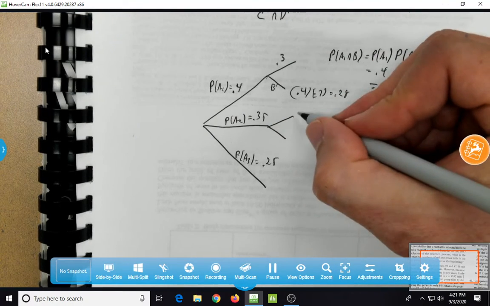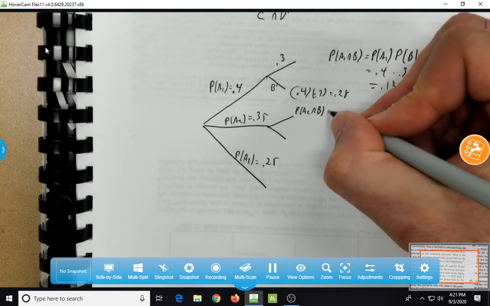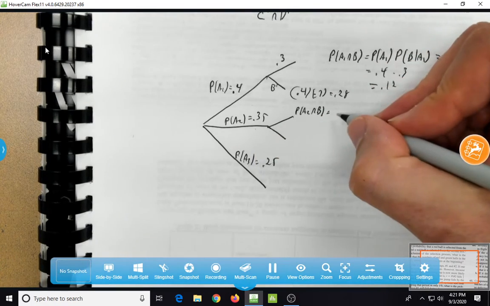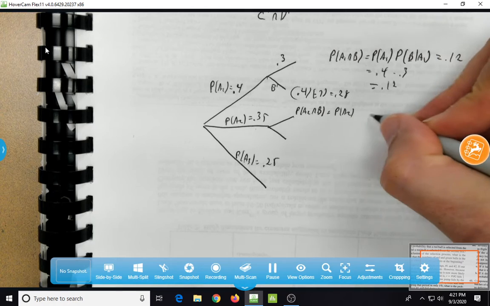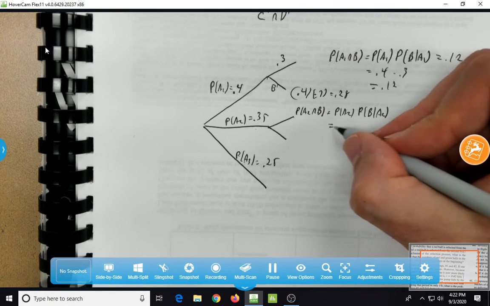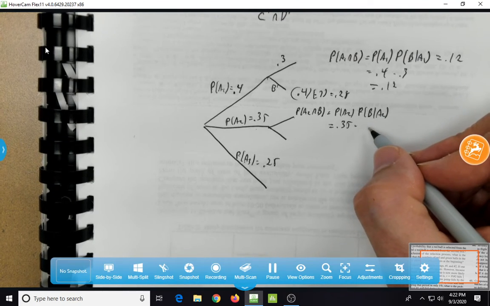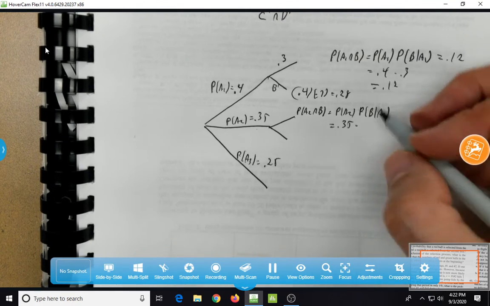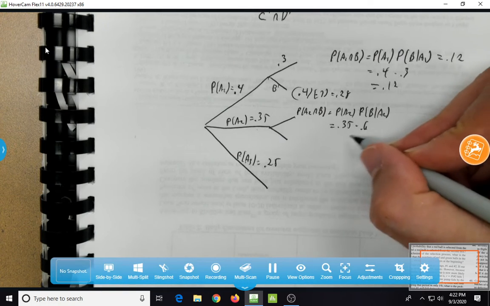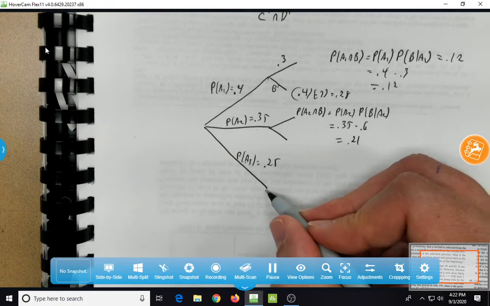And here, to find the probability of A2 intersect B, first of all, we've got this branch of probability of A2, and then we need to find, given A2, what's the probability of B? So we've got 0.35, and then B given A2 is 0.6, and when we multiply those together, we get 0.21.